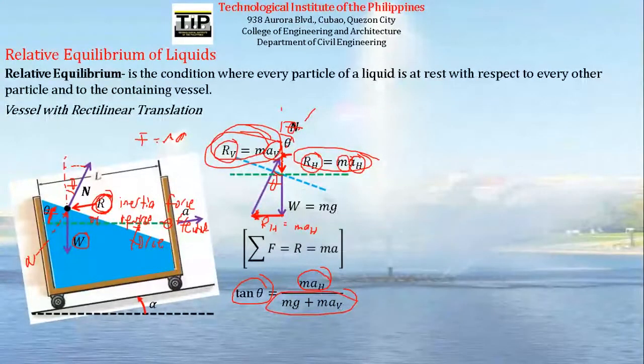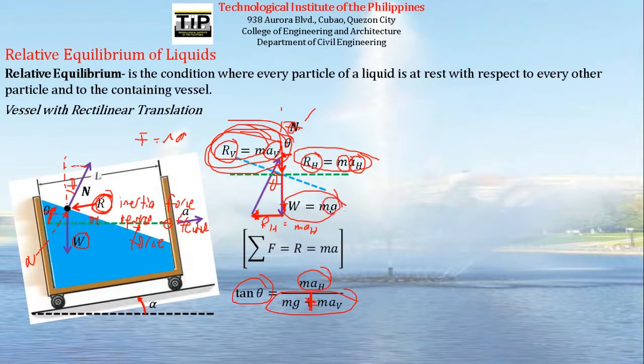So, yung vertical component natin or itong adjacent side ni right triangle is mg, okay, weight equals mg, and then R sub v. Now, they are both going down. Therefore, the sign convention is plus. Okay, we add the two.